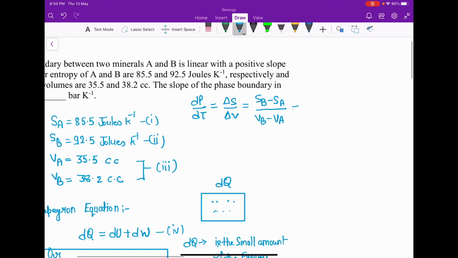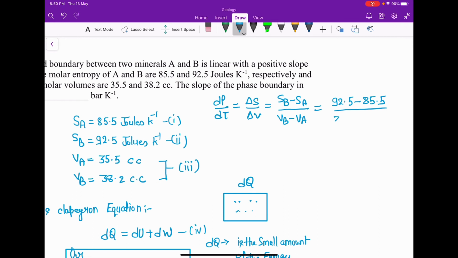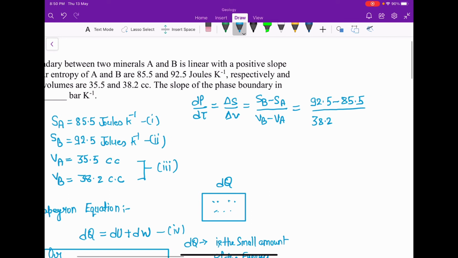So the value will be 92.5 minus 85.5, divided by 38.2. Here the unit of volume is cc and the entropy unit is joule per Kelvin. So this is in MKS unit and this is in CGS unit. To make the units the same, we convert cc, meaning centimeter cube, into meter cube.